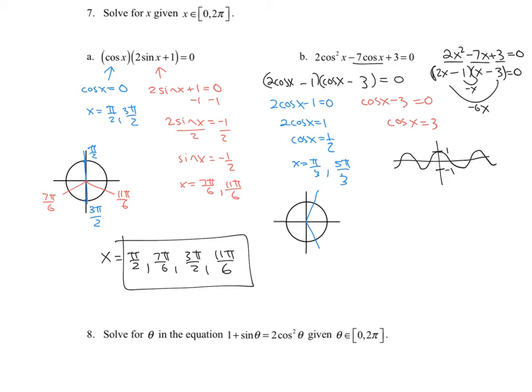So the range of a cosine function is negative 1 to 1. Therefore, cosine x could never equal 3. So this part has no solution. So that part of the equation just doesn't give us an answer, and our only answers are going to be pi over 3 and 5 pi over 3.